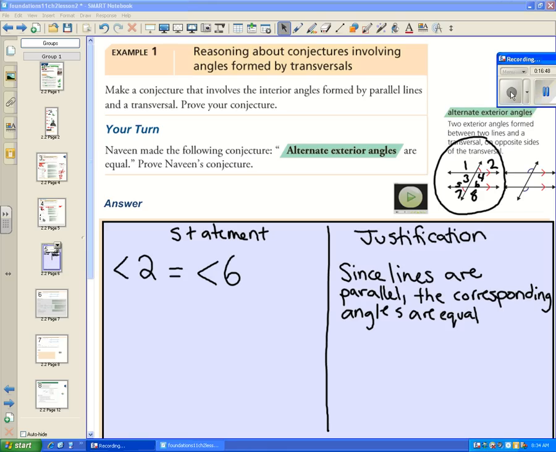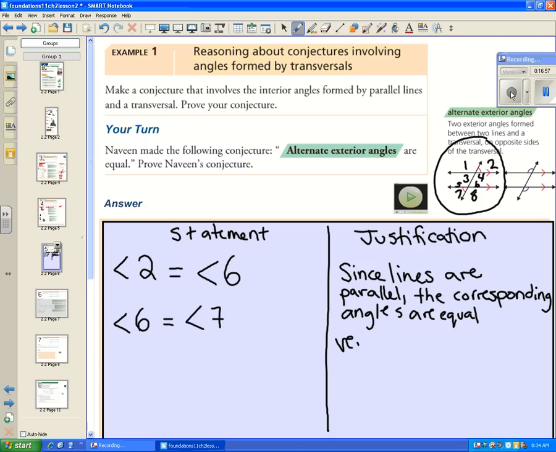Okay. Now we can also say that angle 6 is equal to angle 7 by vertically opposite angles. Vertically opposite angles are equal.